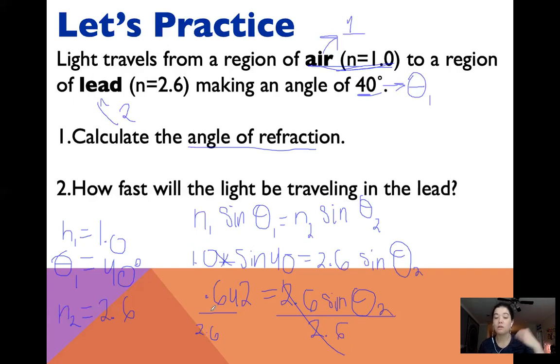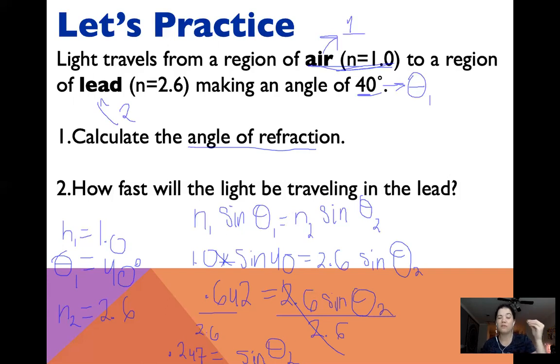All right, I'm getting another long number. That's okay. I'm going to leave it in my calculator and just abbreviate it right here. 0.247. In reality, it keeps going, but that equals the sine of theta 2. Now, how do we undo sine?